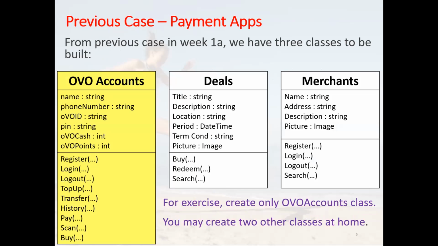I hope you still remember this. In our previous case, we have three classes for OVO, and here we're going to focus on the yellow one, the OVO accounts class. This class has six data members: name, phone number, OVO ID, PIN, OVO cash, and OVO points.